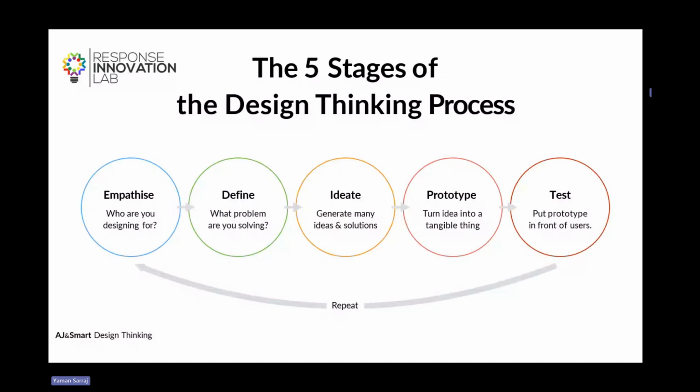Ideate: generate as many ideas, solutions, adaptations, concepts, and etc. as possible. And then we turn it into an idea for a tangible thing. I was mentioning that we always make sure that we go for a challenge that is tangible, so we could somehow address it by innovations. And then we test and we do the prototype.